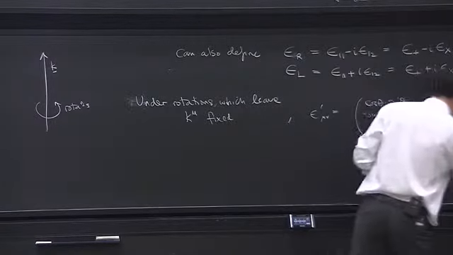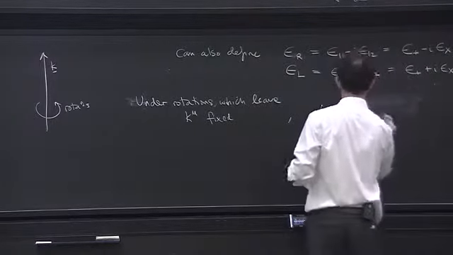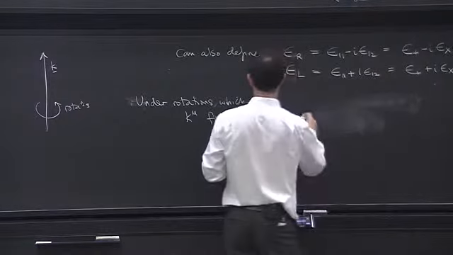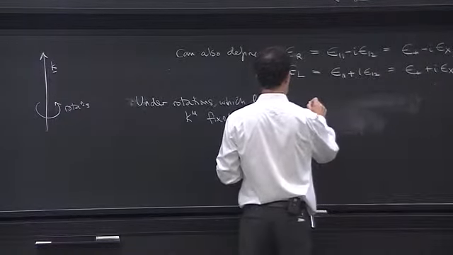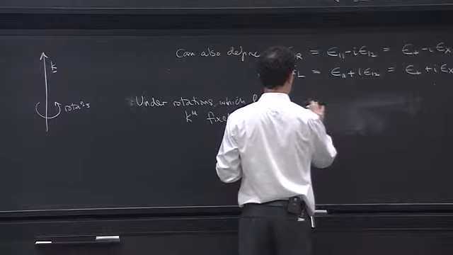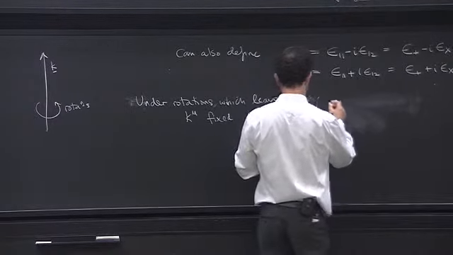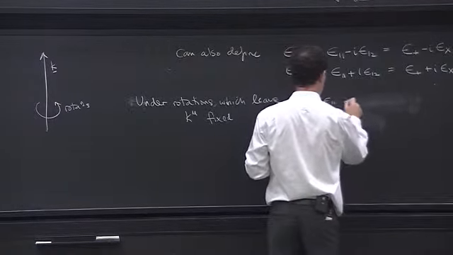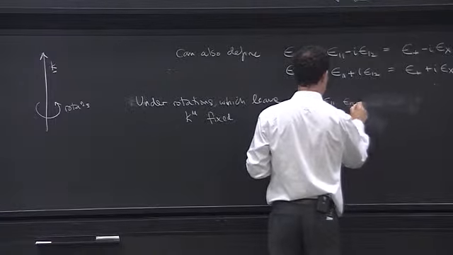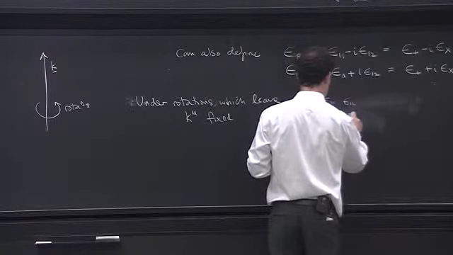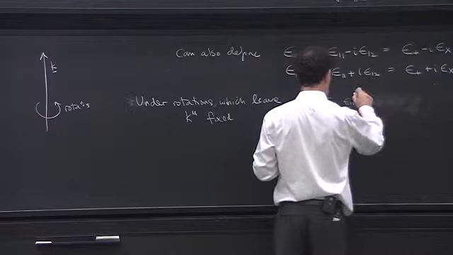I'm just going to do the 1,2 components. Yeah, I guess I'll just write them down. Epsilon 1,1, epsilon 1,2, epsilon 2,1, epsilon 2,2 prime.